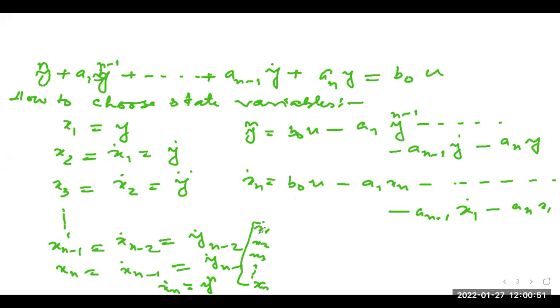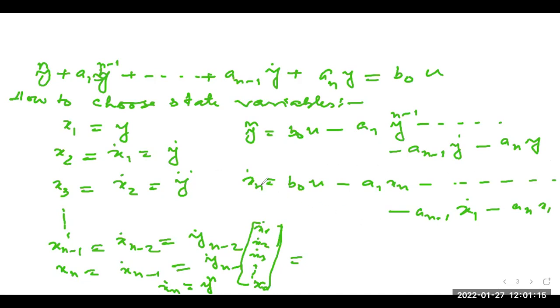So this is x1 dot, x2 dot, x3 dot, up to xn dot. This is a matrix. Some of you just copy this equation, only this portion I require. Have you copied it somewhere? So please tell me when I will write this equation.